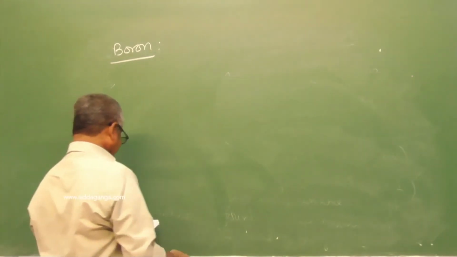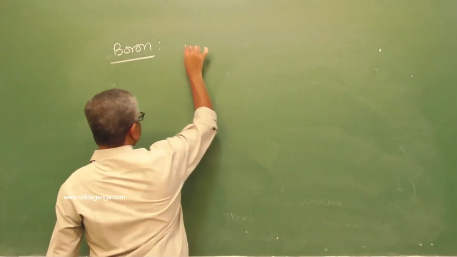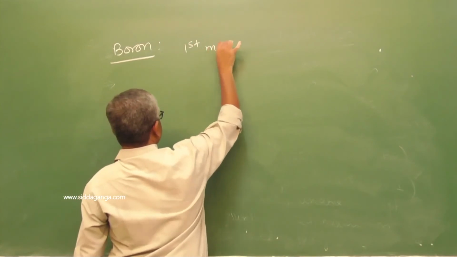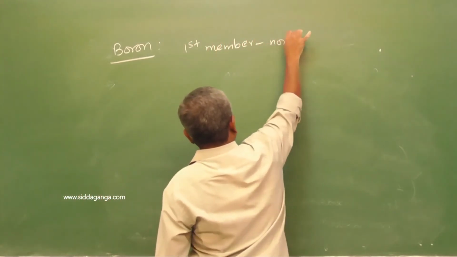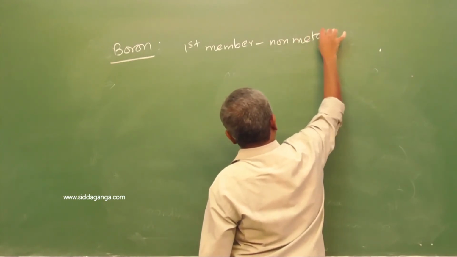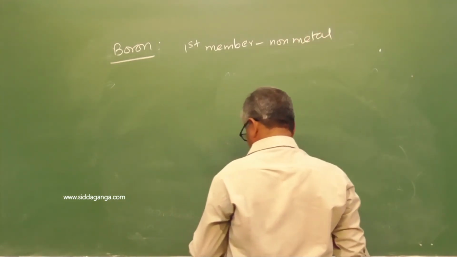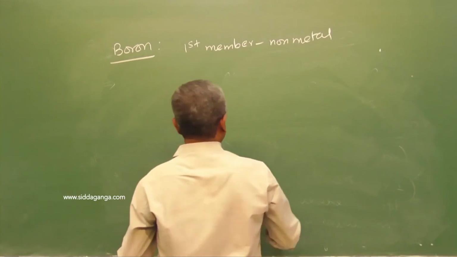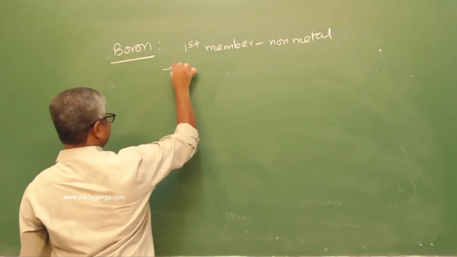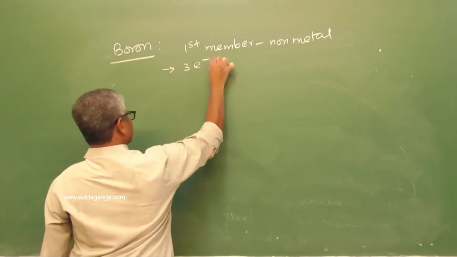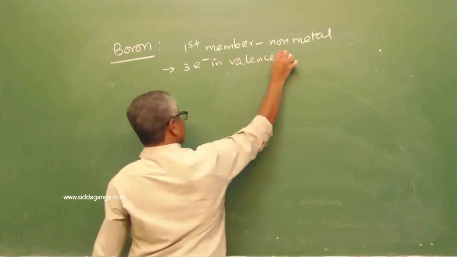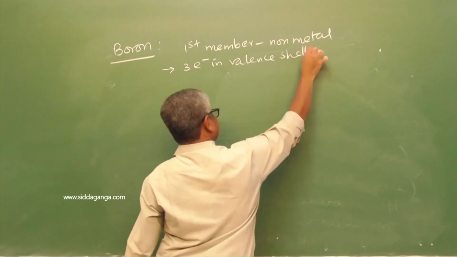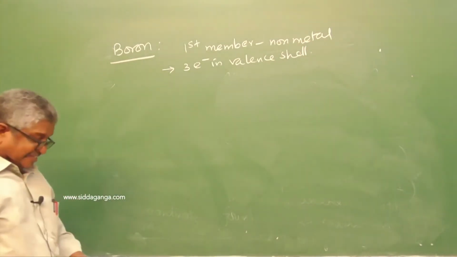Boron is the first member, a non-metal, with three electrons in the valency shell.